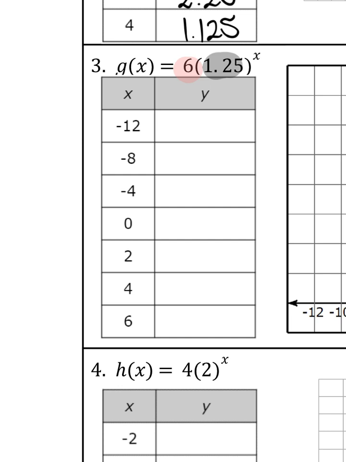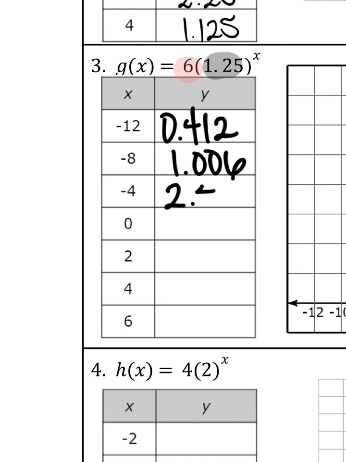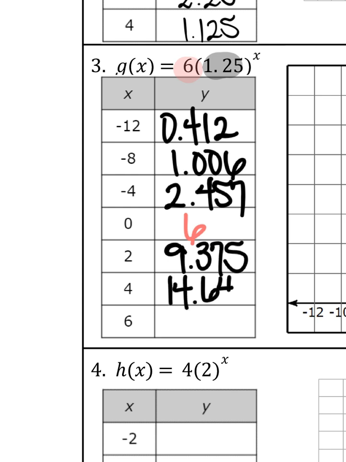That gives us our new values that we actually care about, and we're going to fill those into our table on our paper. So -12 is paired with 0.412, -8 is paired with 1.006, -4 is paired with 2.457, 0 is paired with 6, which is our y-intercept. 2 is paired with 9.375. 4 is paired with 14.648.